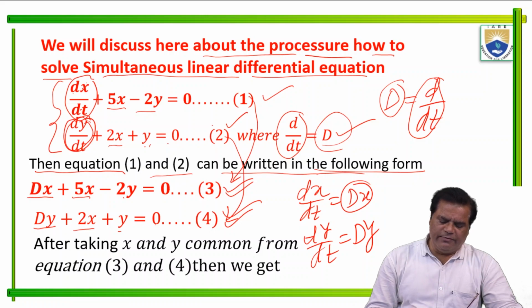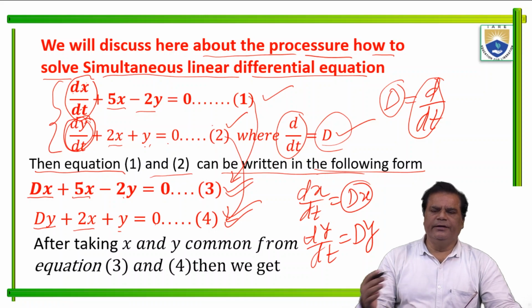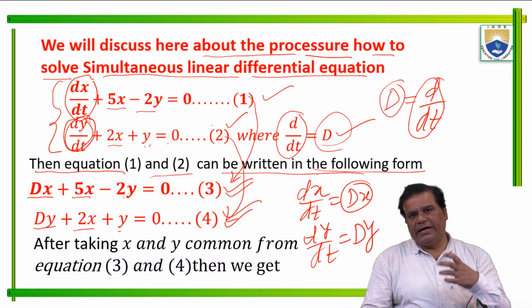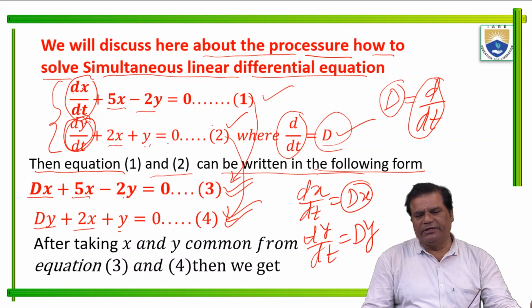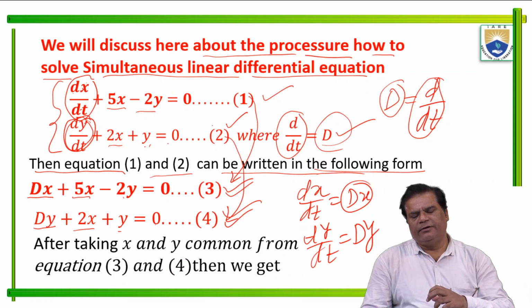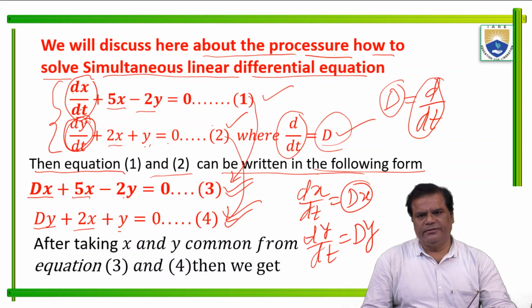Now, taking x and y common. In equation 3, we take x common on the right hand side, because x is a differentiable function. Never take x common on the left hand side.